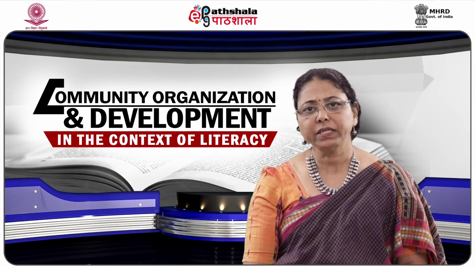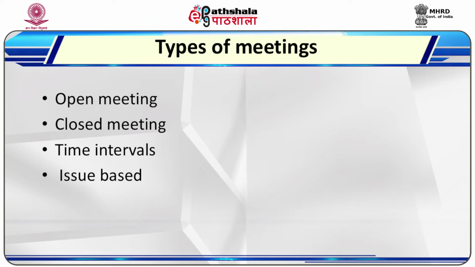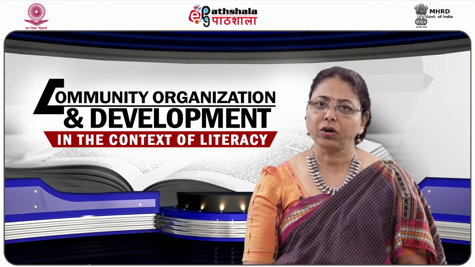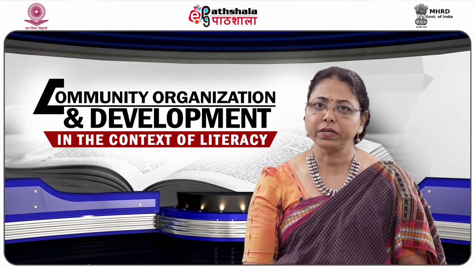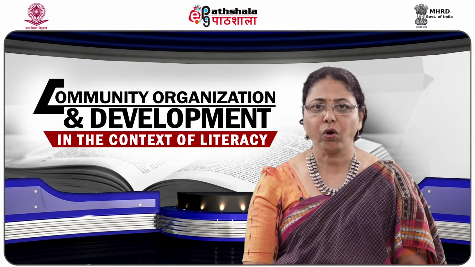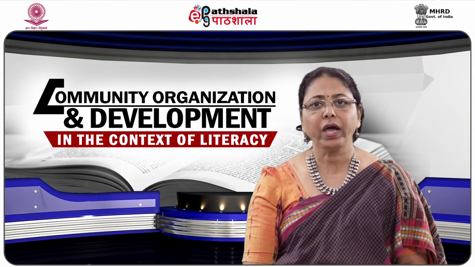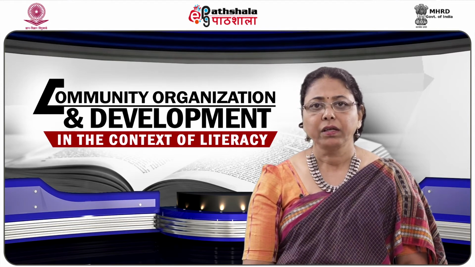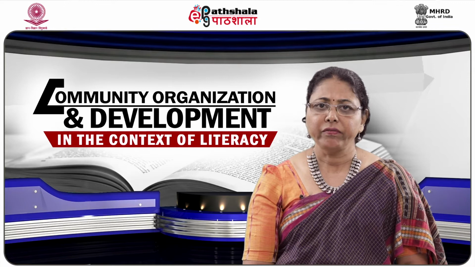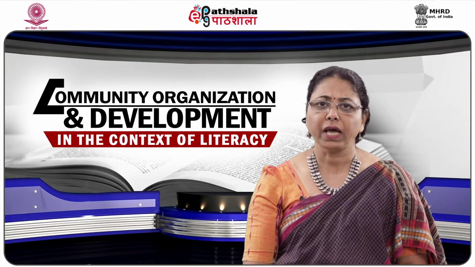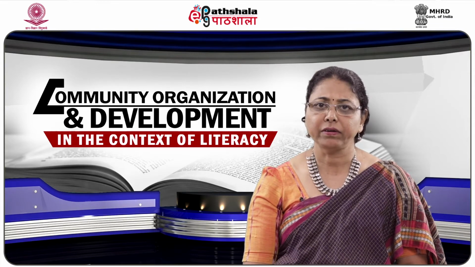There are varieties of meetings based on the intervals, issue based, etc. Some of the meetings are organized at particular time intervals like monthly, quarterly, biannual or annual meetings. They are very well planned. Venue, date, time are pre-decided well in advance.